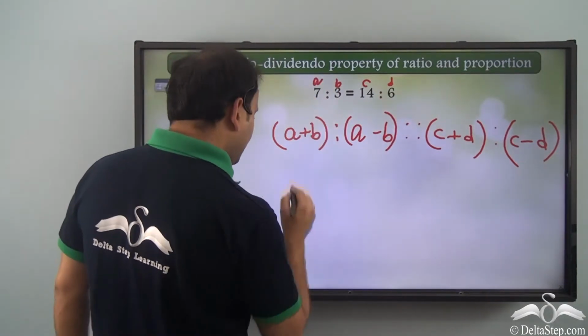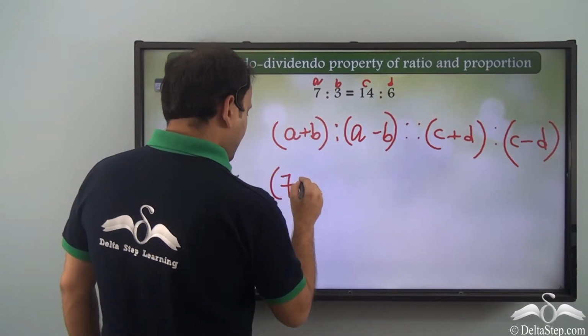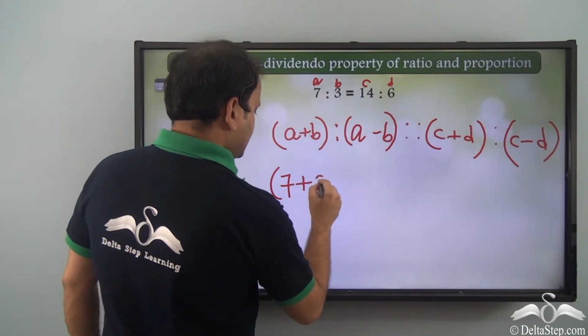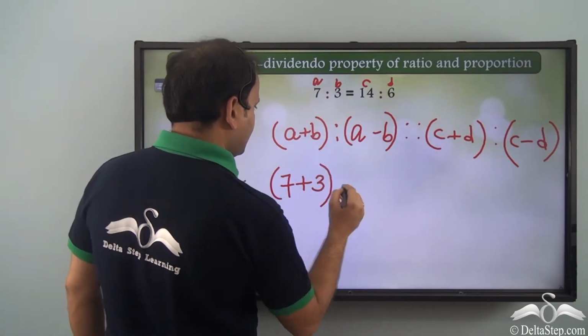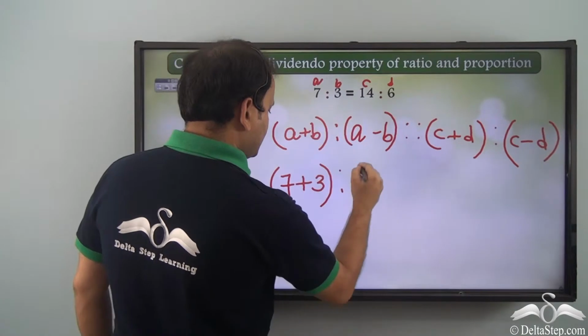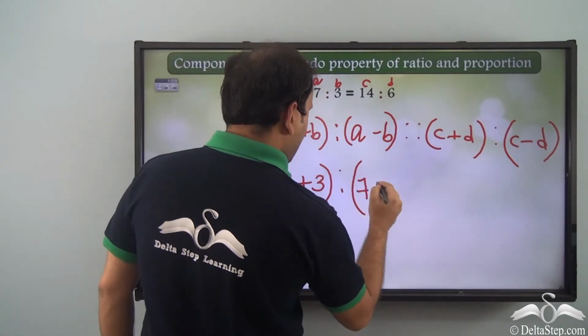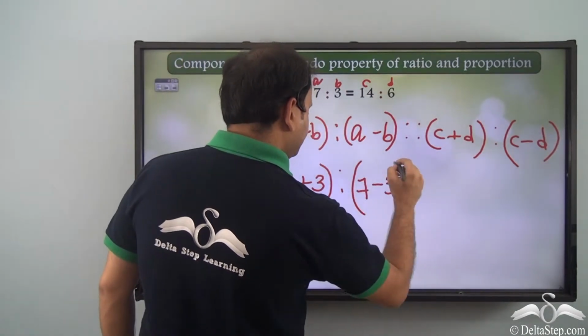So A plus B will be 7 plus 3 is to 7 minus 3.